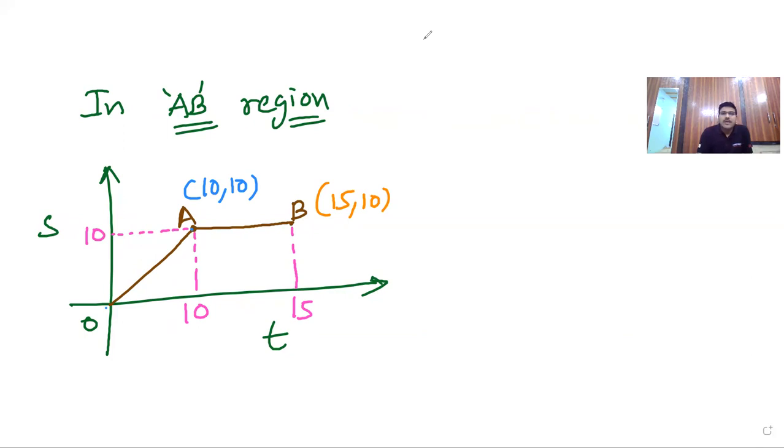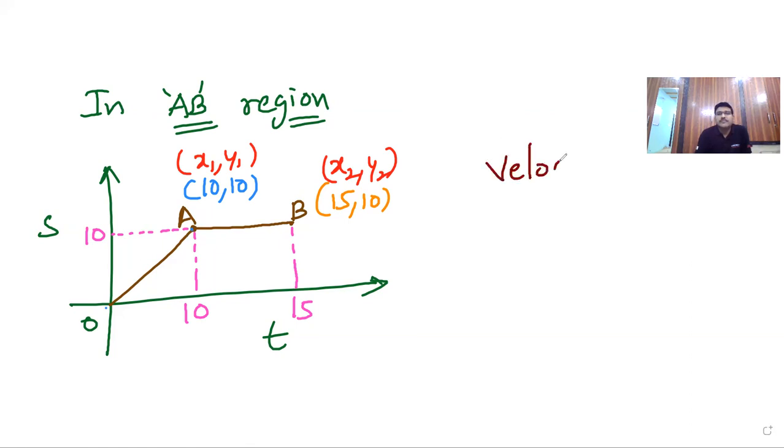Now, in the AB region, A is x1, y1 and B is x2, y2 coordinates. I require velocity in the AB region.